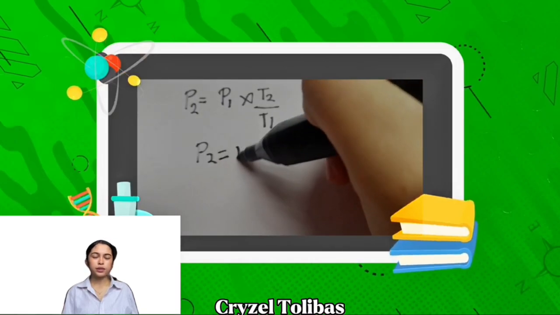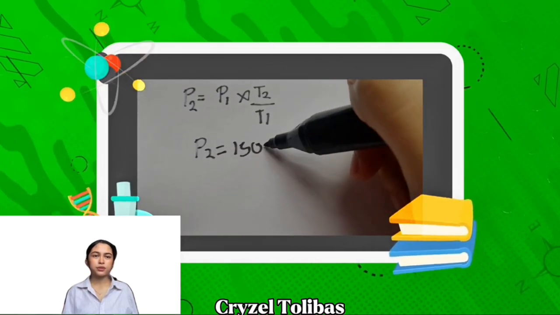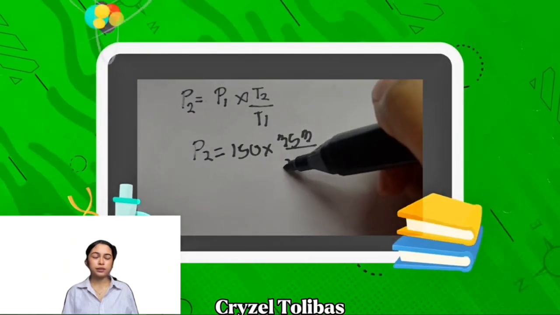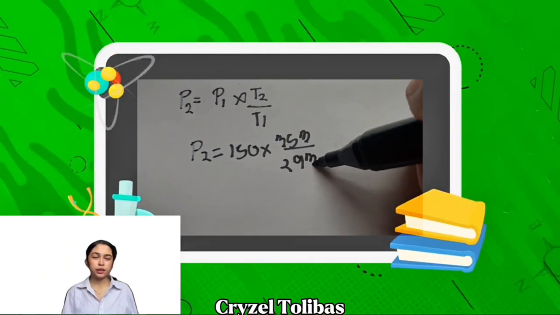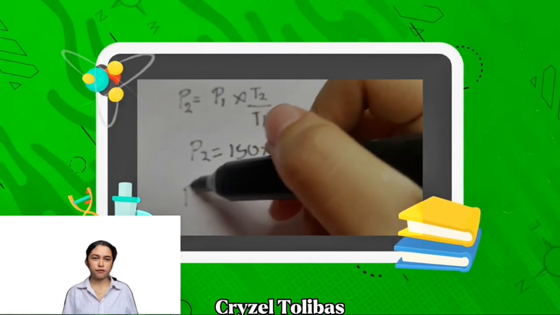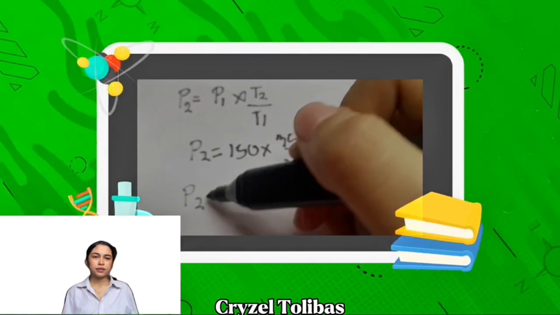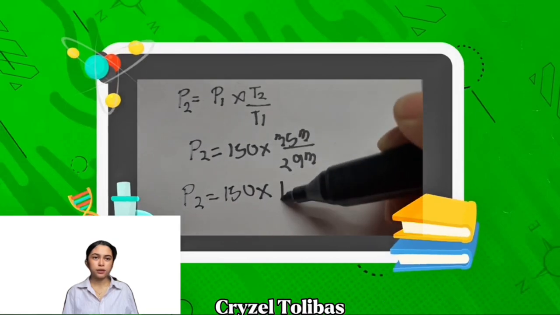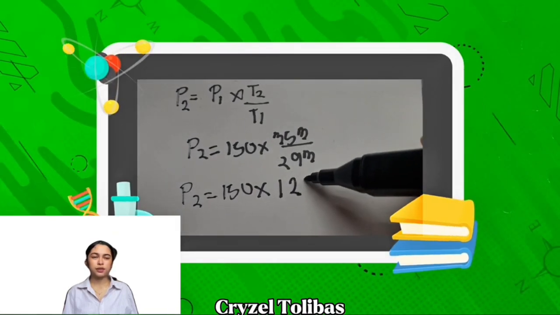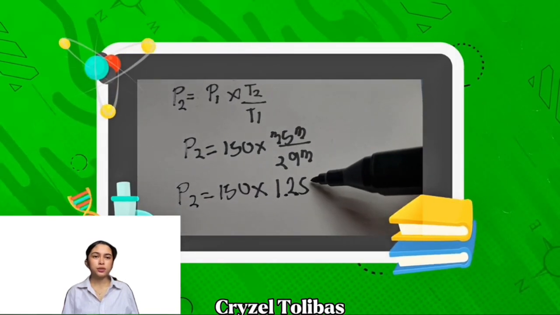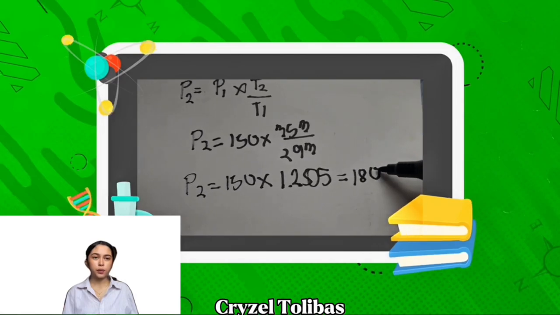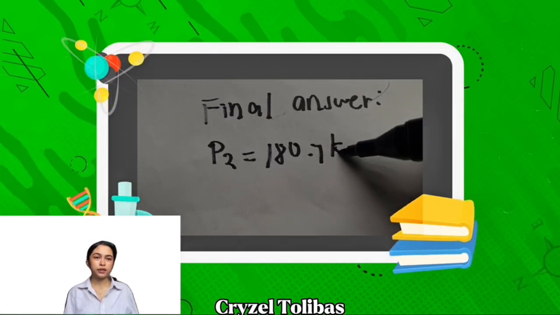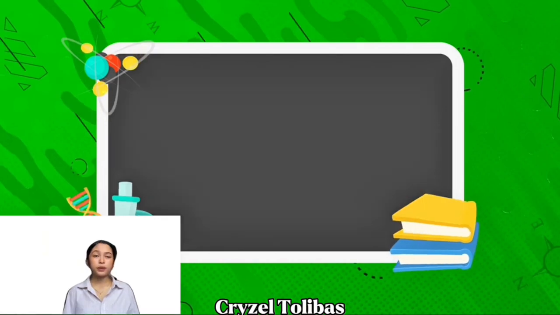So P2 is equal to 150 times 353 over 293. So let's divide that. It's equal to 1.205. Okay, next, P2 is equal to 150 times 1.205. So it will be 180.7 kPa. So the final answer is 180.7 kPa.